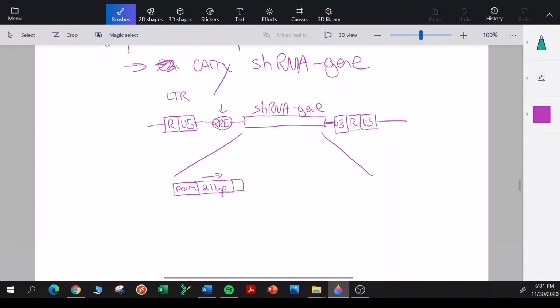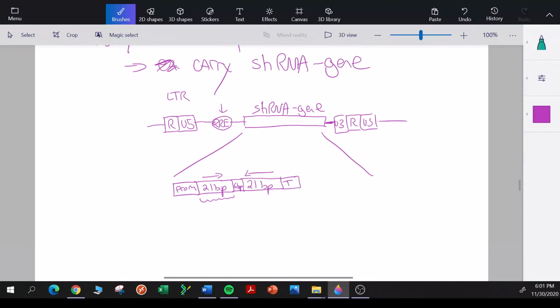Then we're going to need about 6 base pairs of random sequence. Could be anything we want. Then next, we're going to have this same 21 base pairs from gene X inverted after that 6 base pair random sequence. And then we're going to end with a terminator sequence.